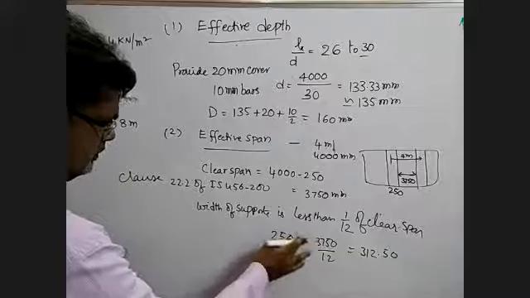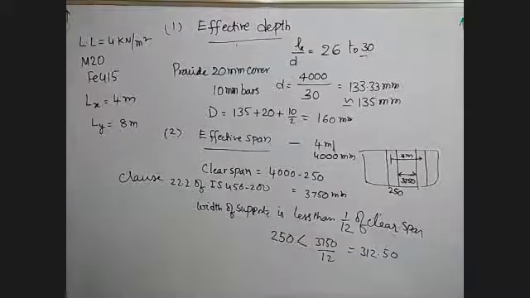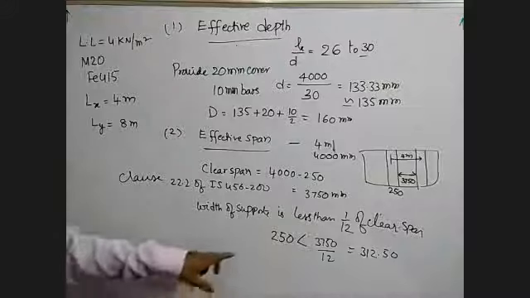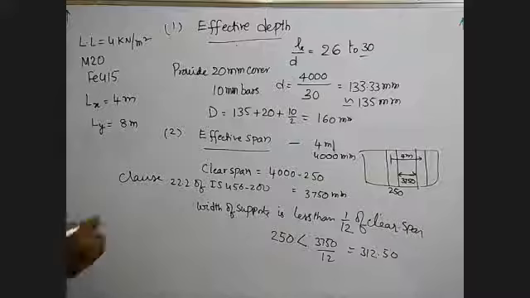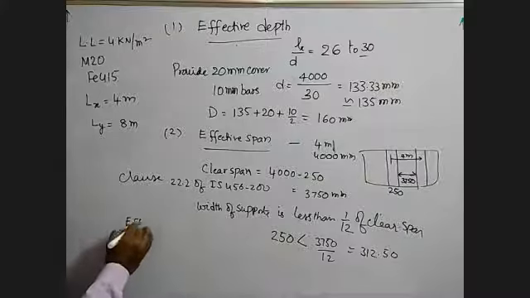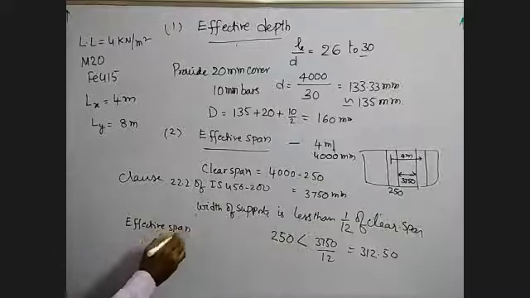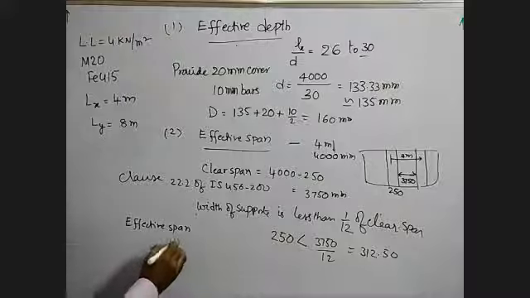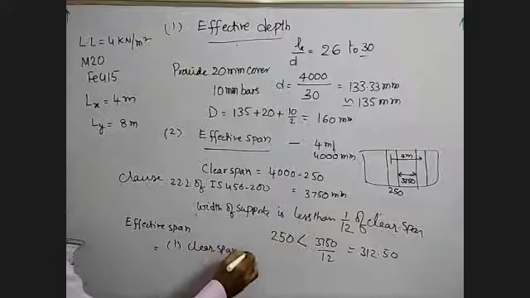So for continuous slabs, regarding the width of the support, there are clauses. Here, if this is less than 1/12 of the clear span, then the effective span is equal to one condition: clear span plus effective depth.